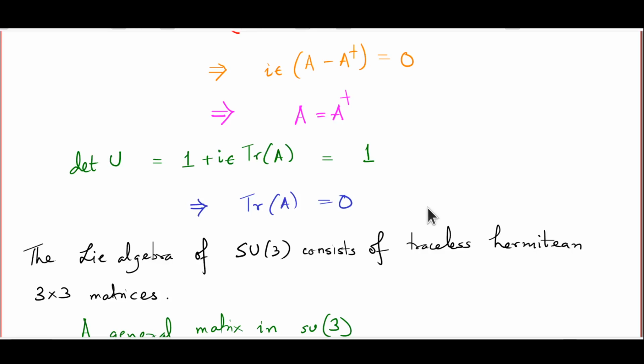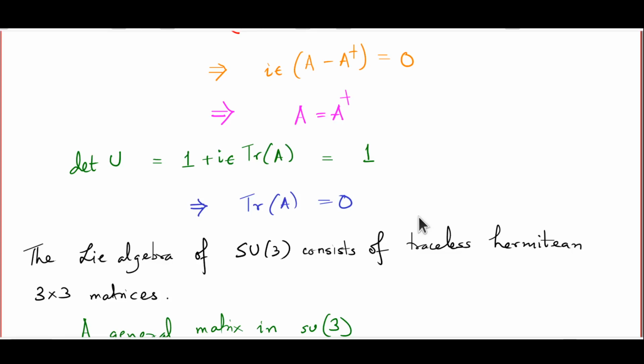So in order for the determinant of U to turn out to be 1, what you need to impose is the condition trace of A equals 0. So the Lie algebra of capital SU(3), that is the Lie algebra small su(3), consists of traceless Hermitian 3 by 3 matrices.